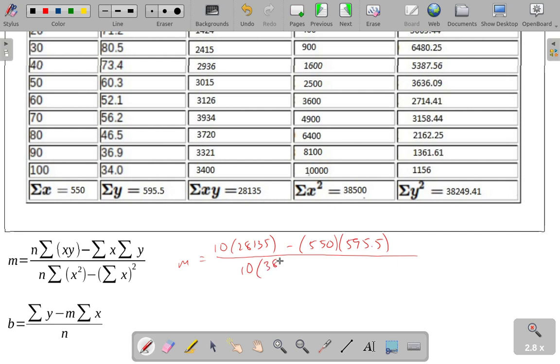This is 38500. And minus the sum of all my x's, which is 550, squared. You can see this squares on the outside of the parentheses, so I did 550 and then square it. And if I plug all that stuff into the calculator, it's going to give me some value. Let me go ahead and do that.